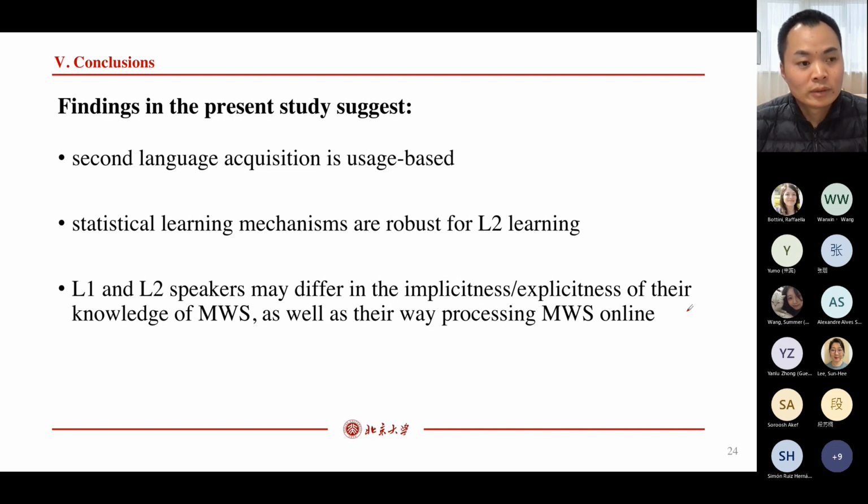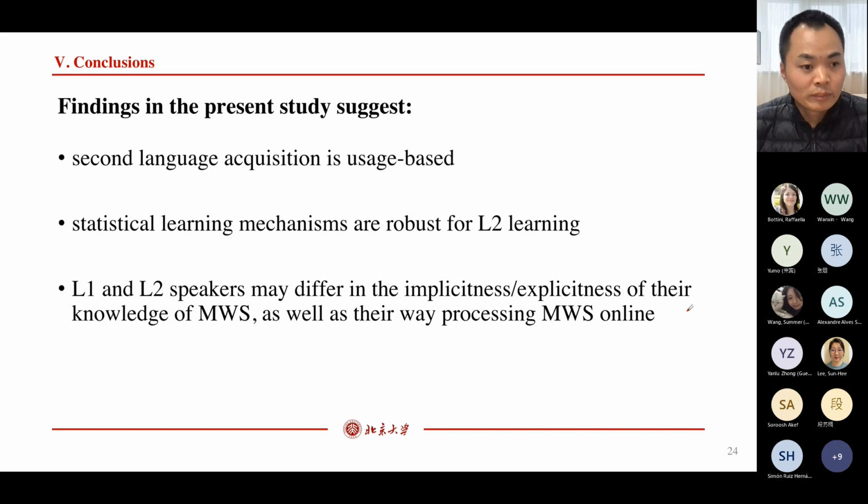So by finding that statistical sensitivities are not subject to moderating effects of language aptitude, I'm going to conclude that statistical learning mechanisms, at least for multiword sequences, are robust. It is not going to be moderated by language aptitude, and it works for L2 learning, even for adults.